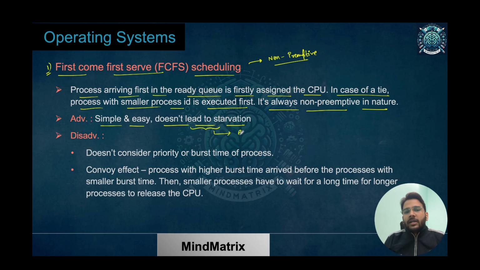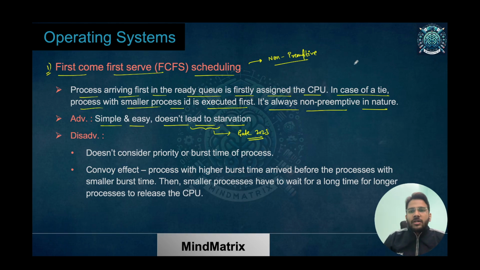Why? Because in the GATE 2023 computer science exam, they asked a question: which algorithm may lead to starvation. There were four options given, and FCFS was also there in the options. Here, there is one exception you can consider: if a process keeps on executing infinitely, then other processes may starve.